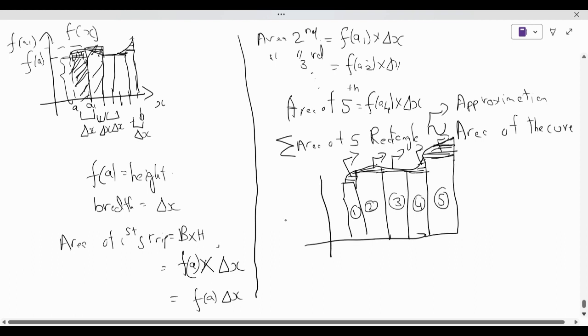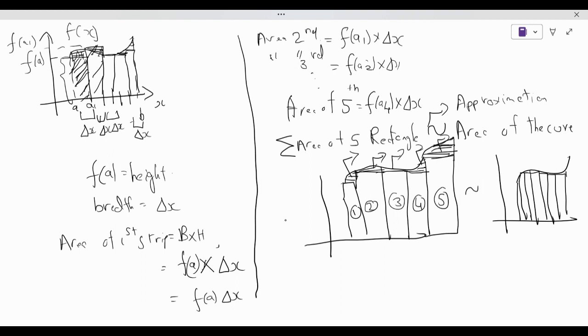Now, I'm drawing the same area curve here, right? Instead of dividing into bigger rectangles, if I divide it into smaller rectangles, I am getting less area left out.